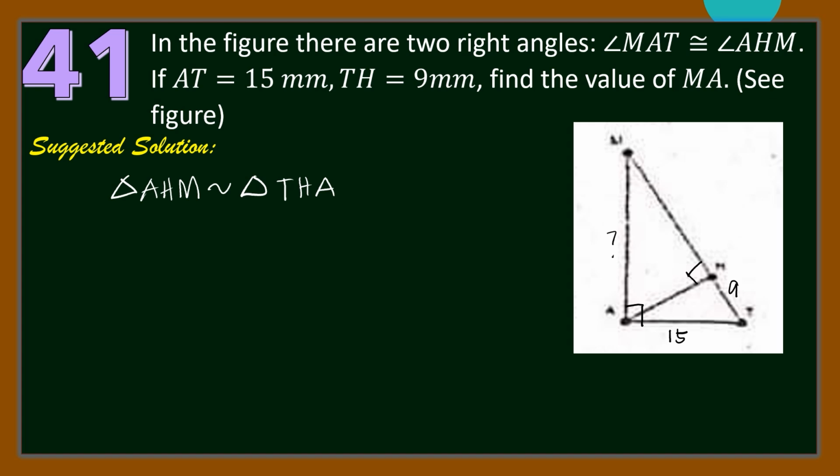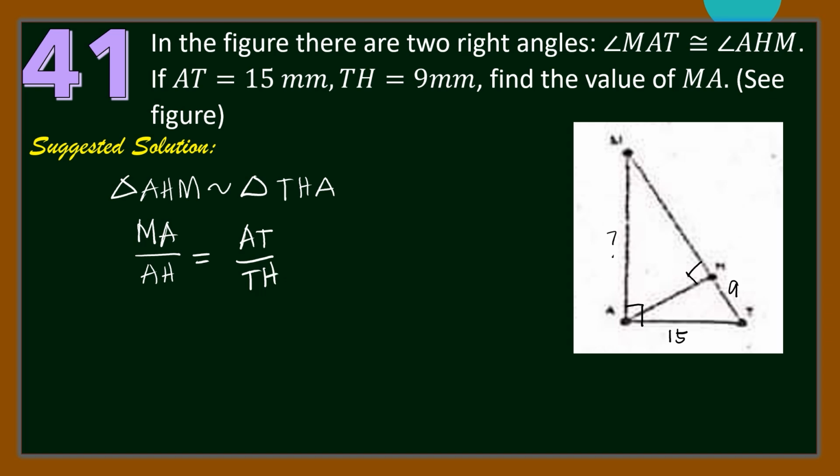From here, we can have MA over AH equal to the ratio AT over TM, or AT over TH.